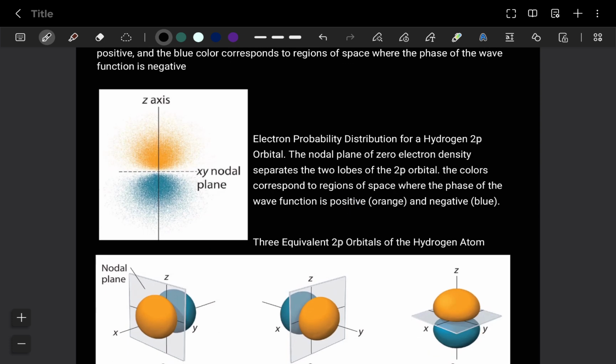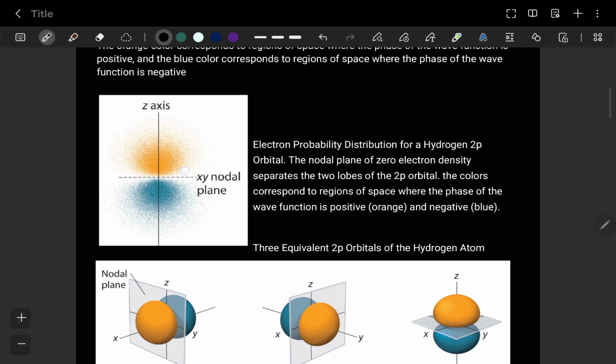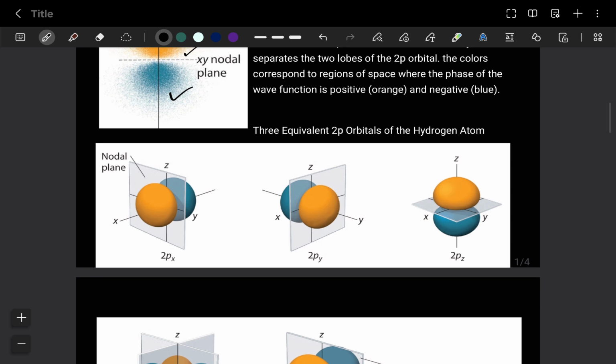Now there are p orbitals also. They are dumbbell shaped. This plane is passing through the node, so it separates the two lobes of the p orbital. In a 2p orbital, you can cut in different planes, so you will get 2px, 2py, 2pz.